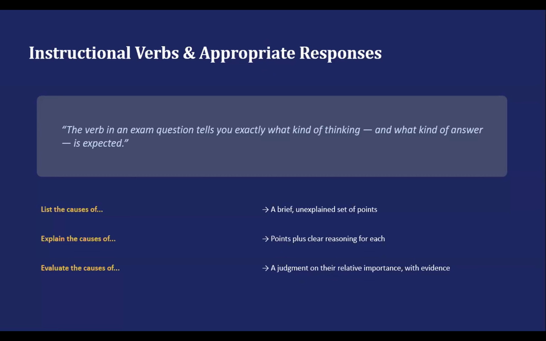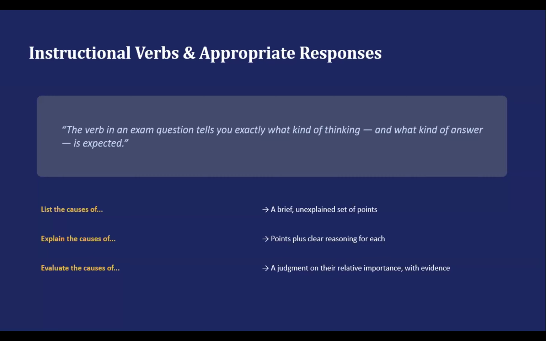Now, if the question asks you to explain, let's say, explain 5 circumstances under which you may be allowed to single source, or 5 circumstances under which you may be allowed to use direct procurement.